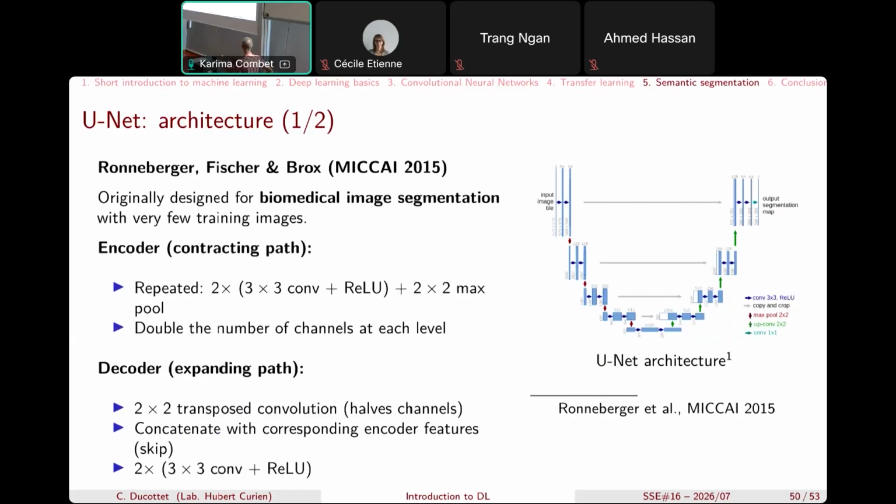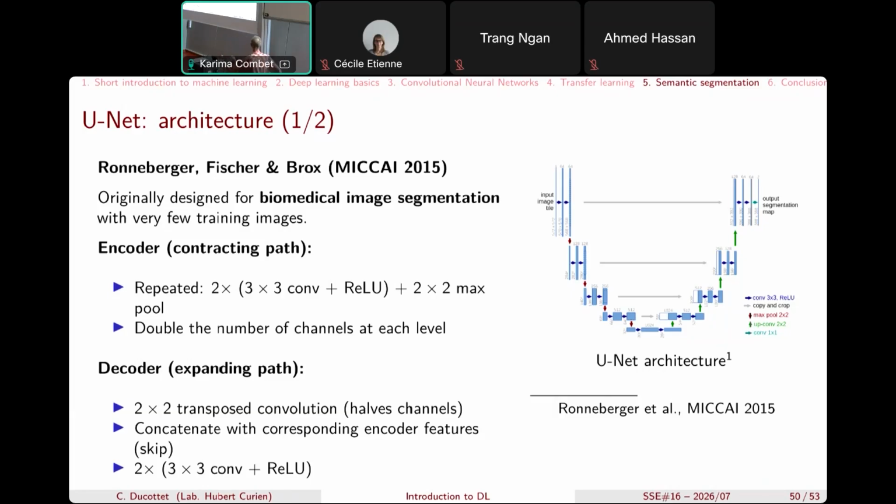Here is the decoder, where you have up convolutions, and in between you have those skip connections, which are directly transferring information from the encoder to the decoder at equivalent resolution. Okay, and in fact, with UNet, we are concatenating information. We are taking this information here, and we are concatenating it close to the information which has been up convolved here.